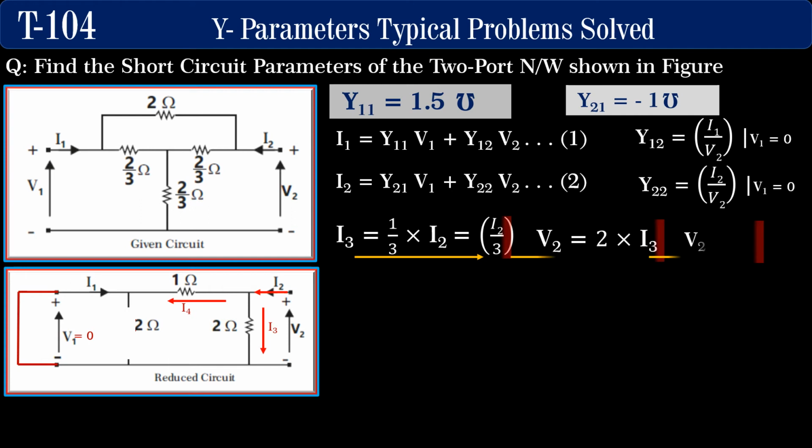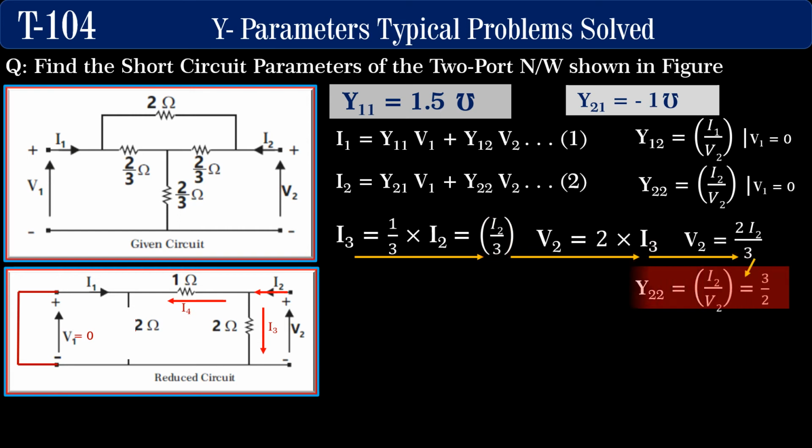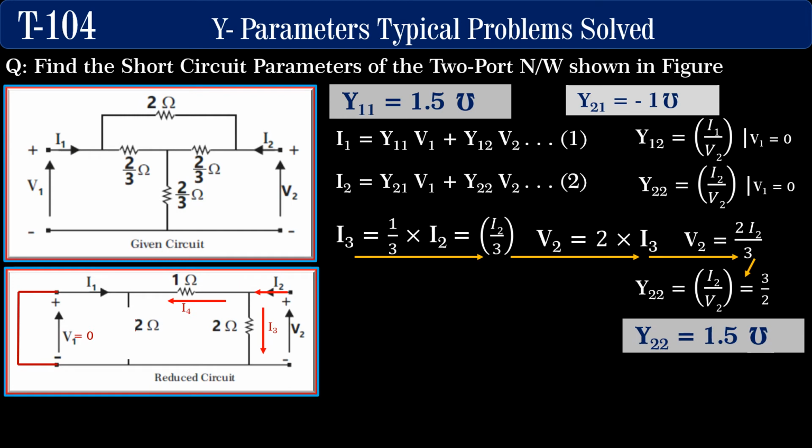So by substituting for I3 and solving, we get V2 is equal to 2I2 divided by 3. It means we have already got y22 because y22 is equal to I2 upon V2, and that is equal to 3 divided by 2, and hence y22 is equal to 1.5 mho.